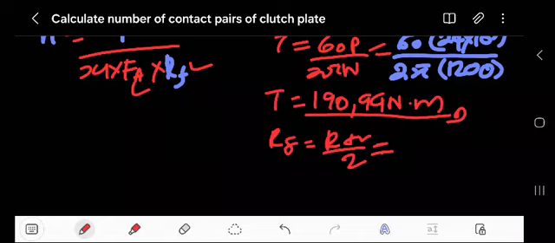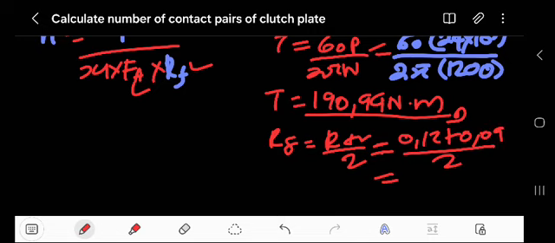So we have RF as 0.12 plus 0.09 over 2. If you punch this in and divide by 2, you get 0.105 meters. We have RF there, so we are done with that.